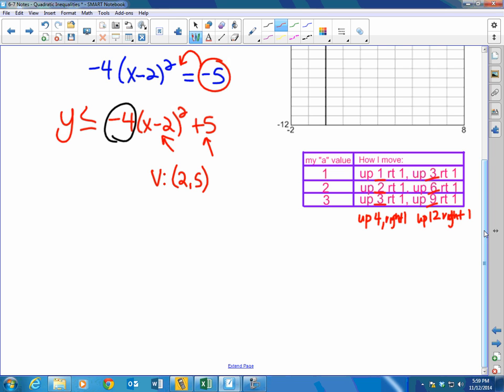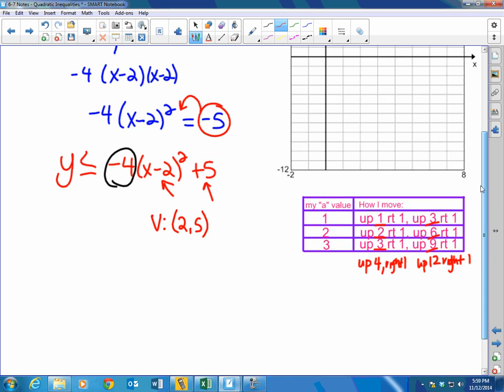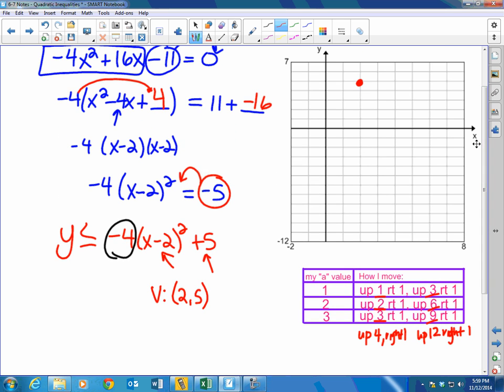Okay, so that's what I'm going to use, except this one goes down instead of up. So I'm going to use that chart and I'm going to go the opposite direction. So I'm going to go down 4, right 1, and then down 12, right 1. Okay, and then same thing on the other side. And it should look something like this.